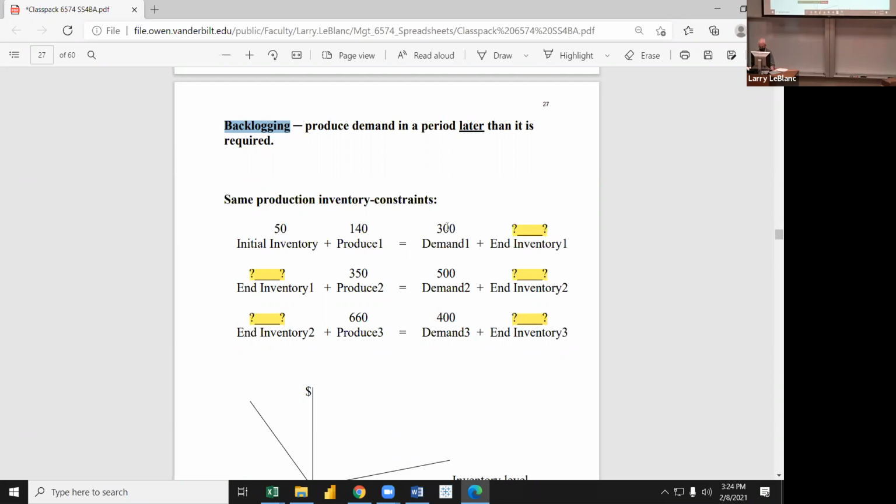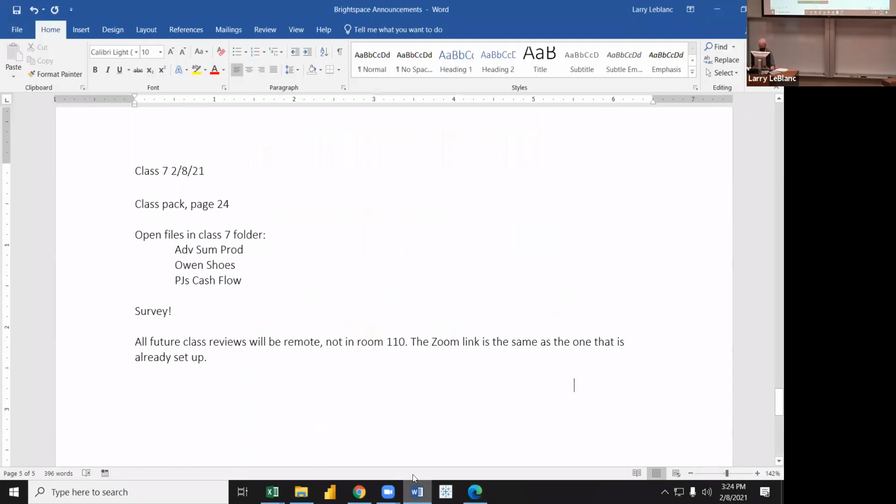That equals 300 plus what? I'll get you started. Plus minus 110. Inventory is minus 110 at the end of the first time period. And inventory one is minus 110.